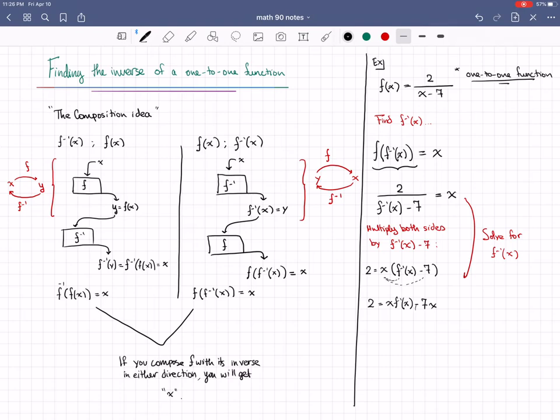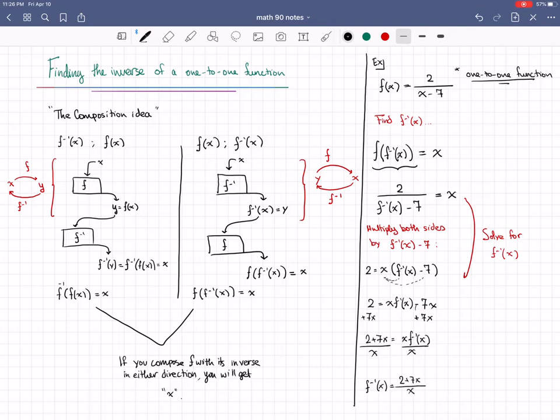So we'll add 7x to both sides. So we have 2 plus 7x is equal to x times f inverse of x. And lastly, we'll divide both sides by x. And so we have f inverse of x is equal to 2 plus 7x over x.